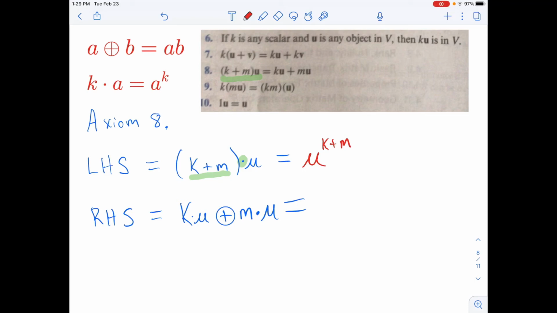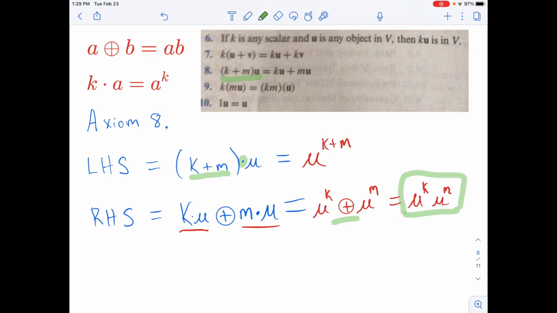For the right-hand side, we're looking at u to the k, we're looking at u to the m, then we're vector space adding them together, which means normal multiplication. And we want to know if this product is the same as that product. And of course they are. So u to the k plus m is of course u to the k times u to the m. But these are for sure equal. So that means the right-hand side is the same as the left-hand side, which means that axiom 8 is satisfied for this definition. And not only is it satisfied, but it's a very familiar property relating exponentiation with multiplication.